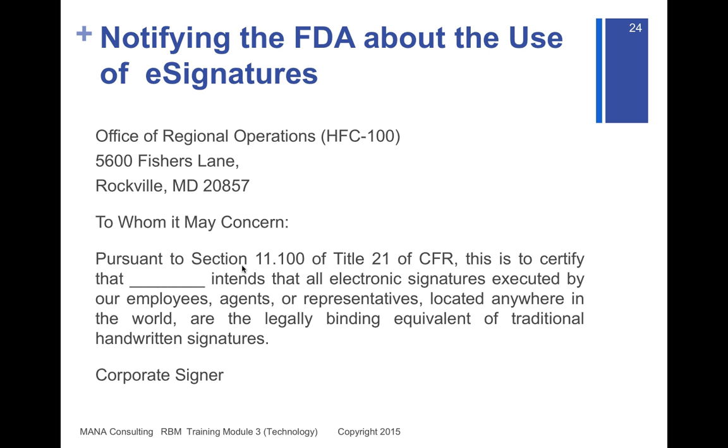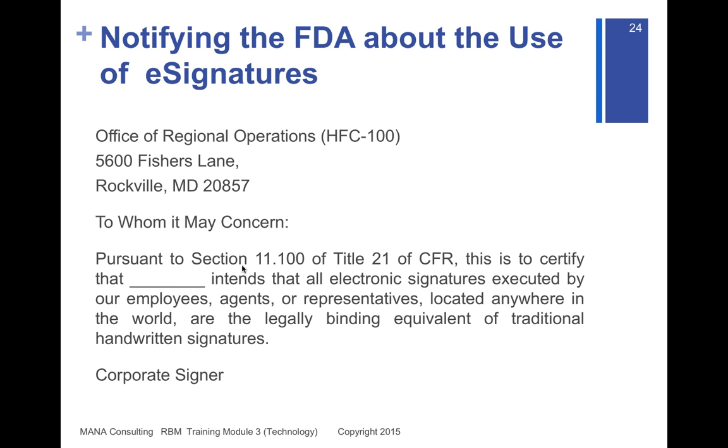Okay, we talked about how you have to have two distinct identification components. So that's usually your username and password. You can use other kinds of identification as well. Items are subject to the same controls as electronic records. So anything with an electronic signature must meet 21 CFR Part 11 compliance.